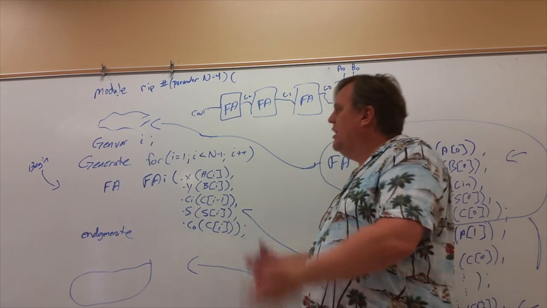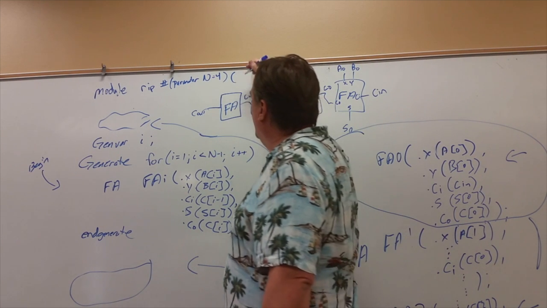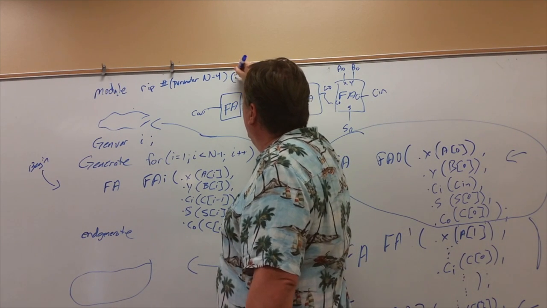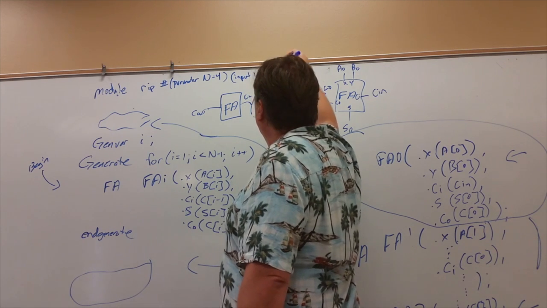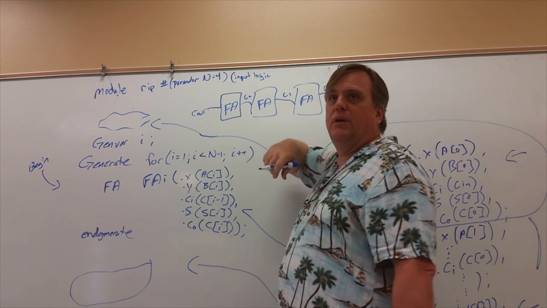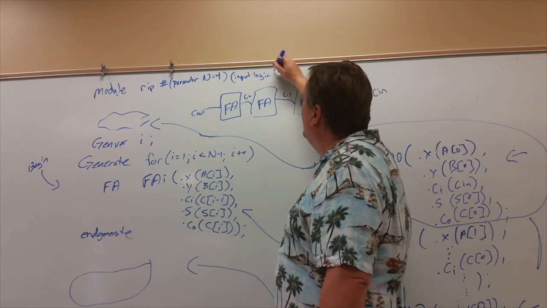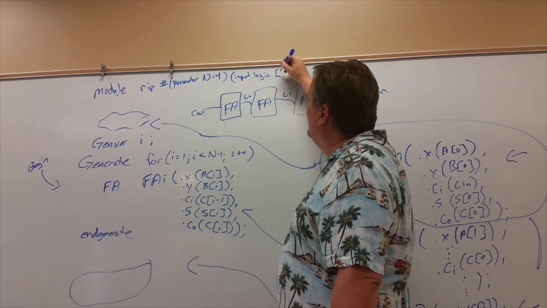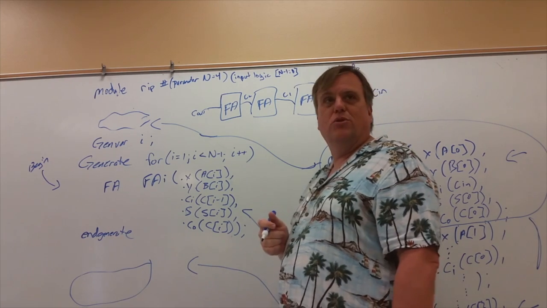So for some of these, I'm going to have this handled up here. I'll have input logic, and for my A, how big is it going to be? We agree?